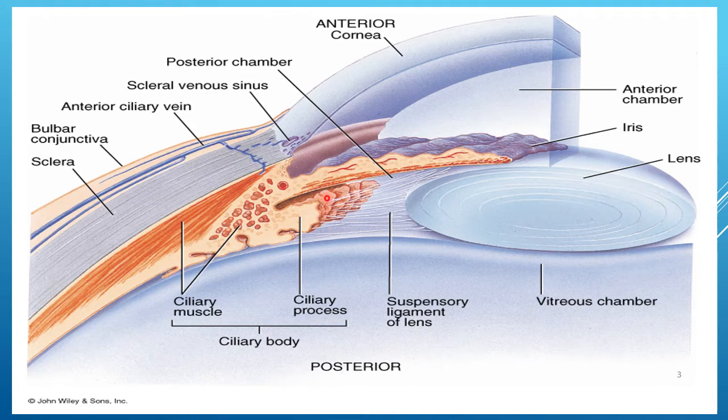This one is the base of the ciliary body, the anterior border, and it is towards the lens. Here you can see the zonular ligaments attaching to the ciliary processes, and the anterior border, or base, faces the posterior chamber and lens of the eyeball.